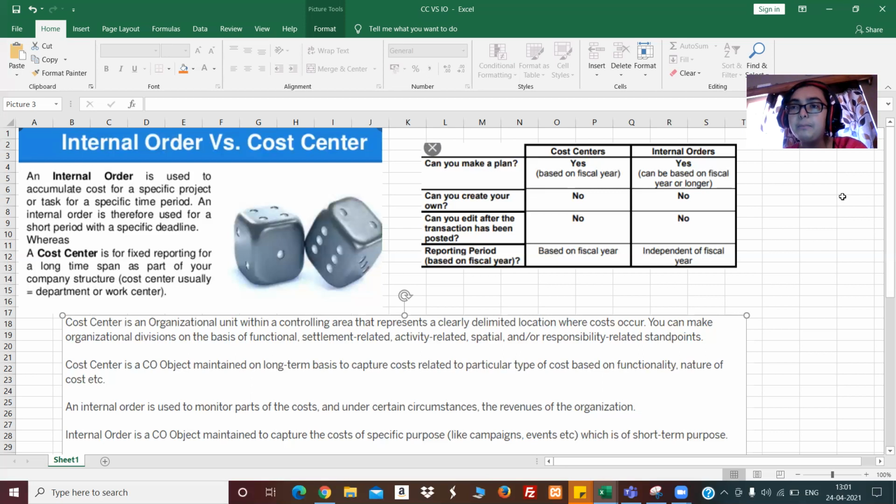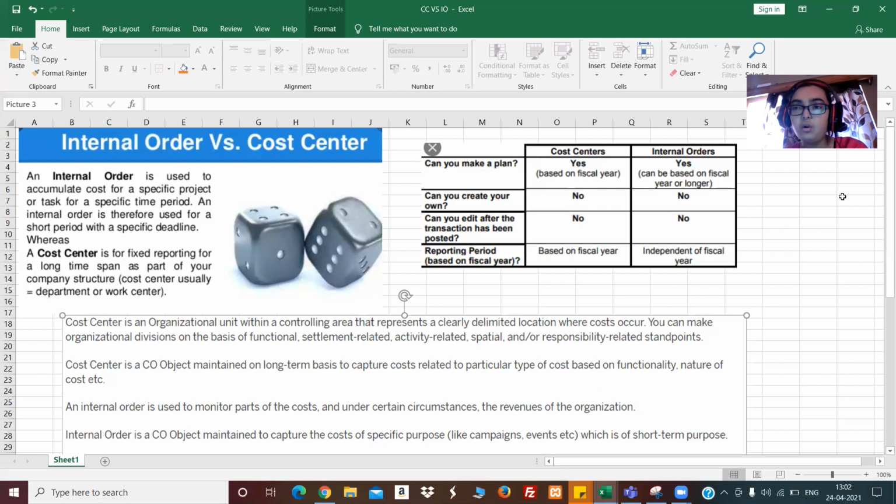Belonging to particular heads and segments, you can capture the cost under the cost center and publish the report to your management, mentioning that these particular heads have incurred this cost. Depending upon the data, you can forecast your future expenses and plan accordingly.